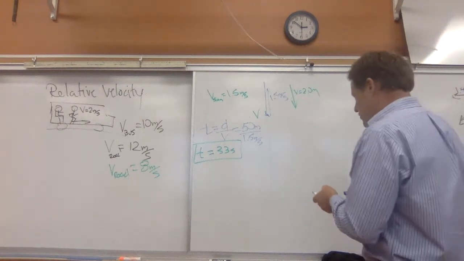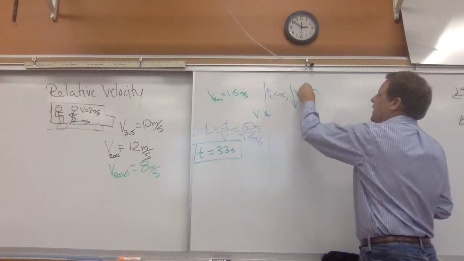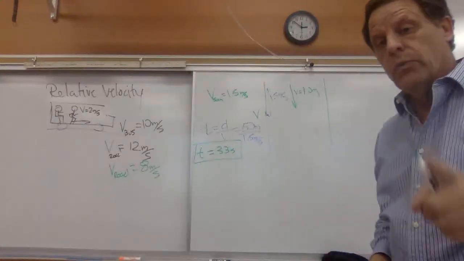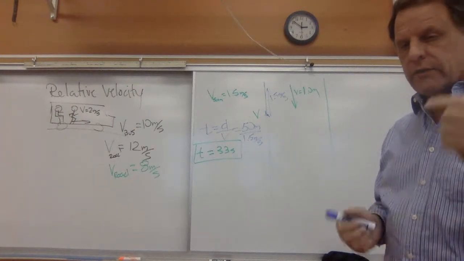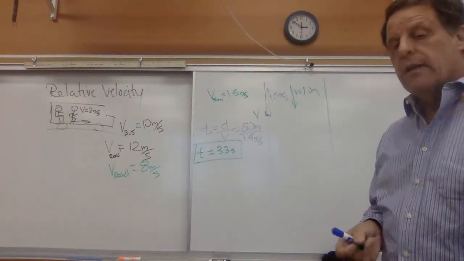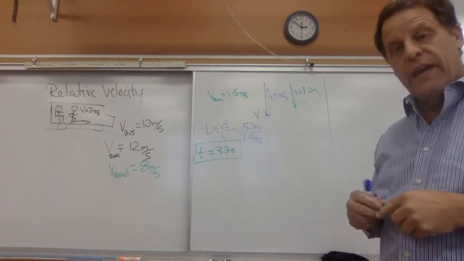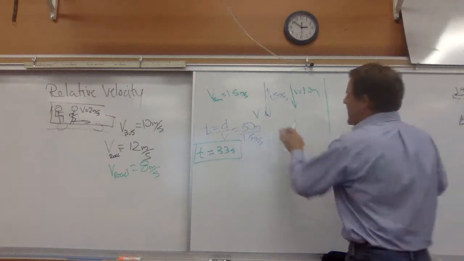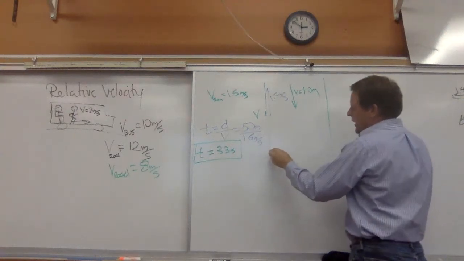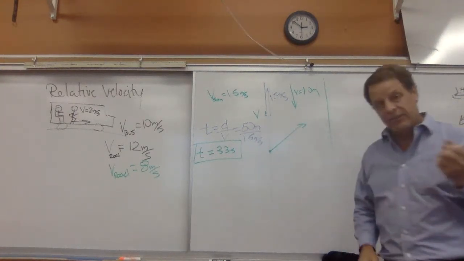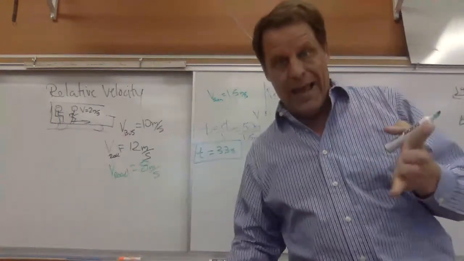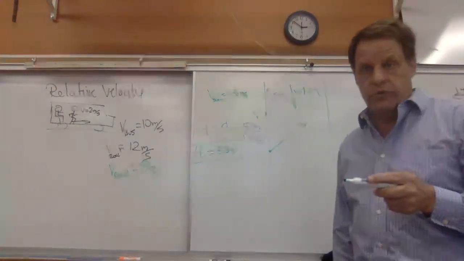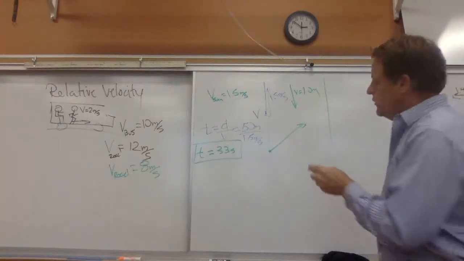Okay. Well, let's change this situation. Let's say now that the current only has a velocity of 1 meter per second. So now you can swim faster than the current, and therefore you can angle up at a certain angle, which we will figure out, that will allow you to cross straight across.